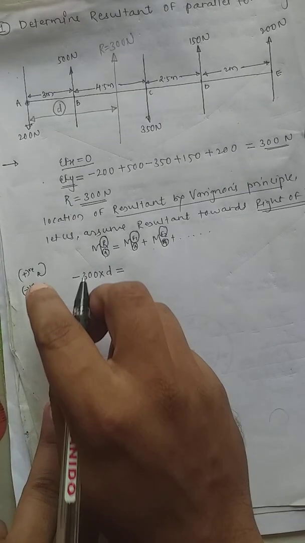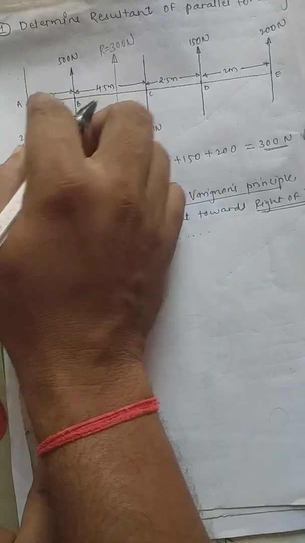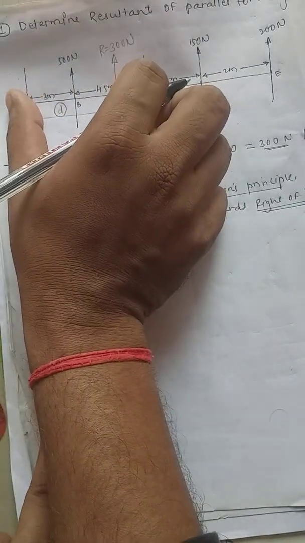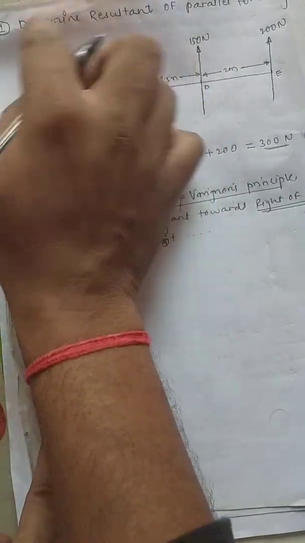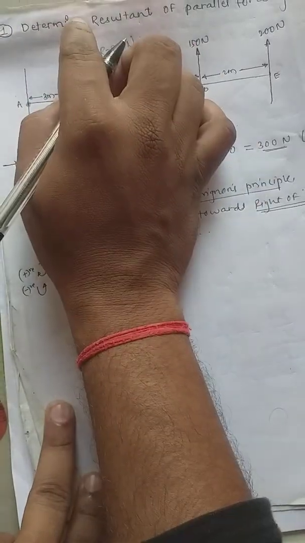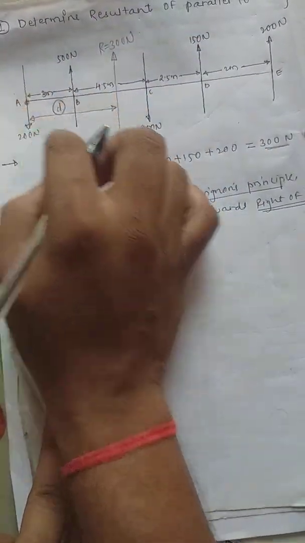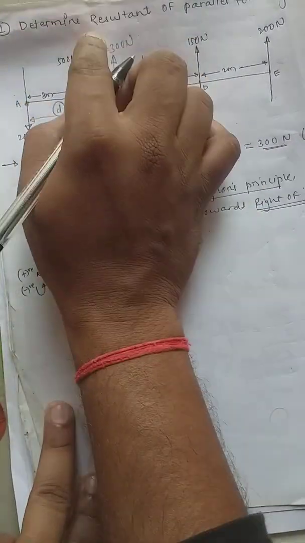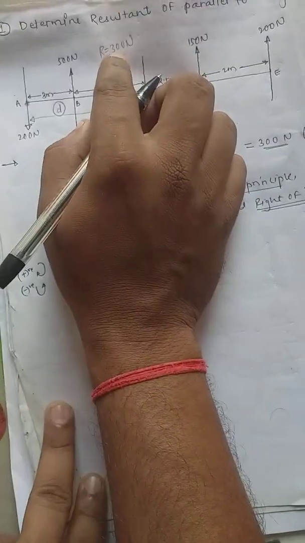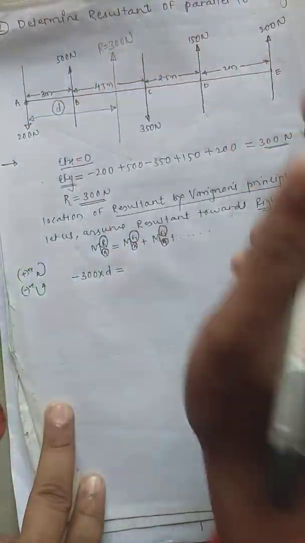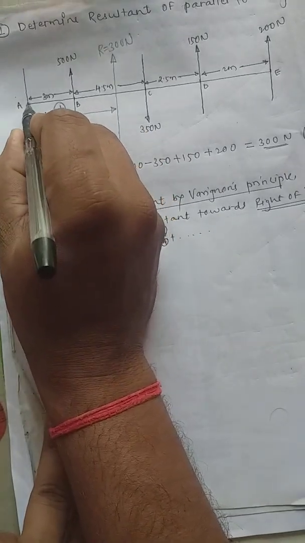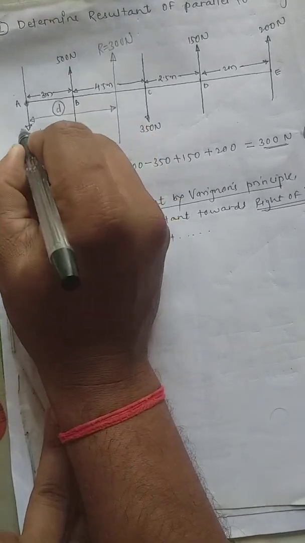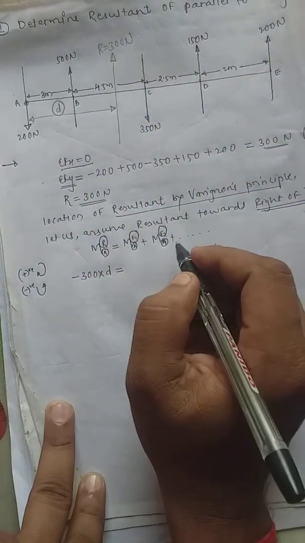We have considered clockwise positive, anti-clockwise negative, and the resultant 300 rotation is anti-clockwise. So minus 300 into d is equal to. Moment of 200 at point A will be 0 because perpendicular distance is 0. So this part will be 0.